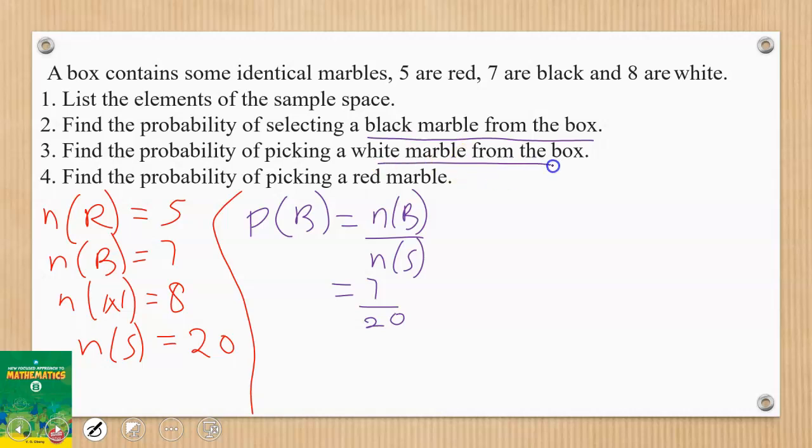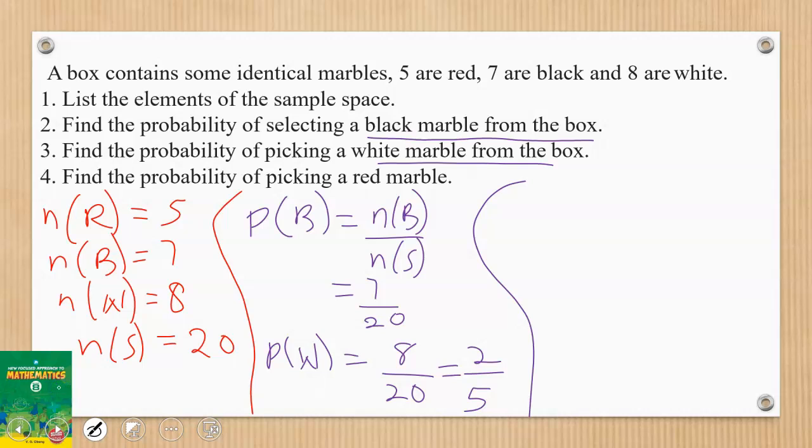Then we are looking at the probability of picking white balls. Probability of white also becomes number of white, which is 8, over the number of sample space 20. And that can be reduced as 4 can divide 8 as 2, and 4 can divide 20 as 5.